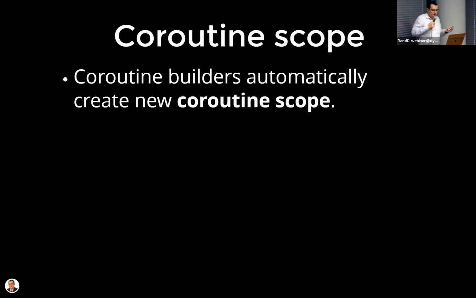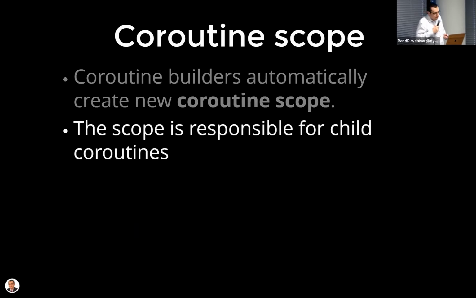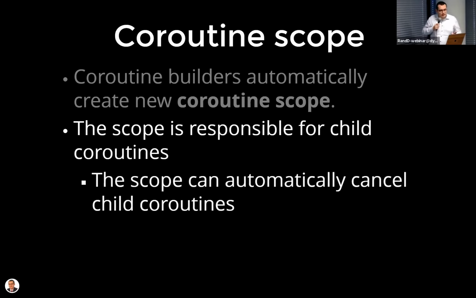Okay, and what you need to actually remember is that coroutine builders automatically create a new coroutine scope. Whether you want it or not, it will be there. And the scope is responsible for child coroutines. So it can automatically cancel child coroutines.